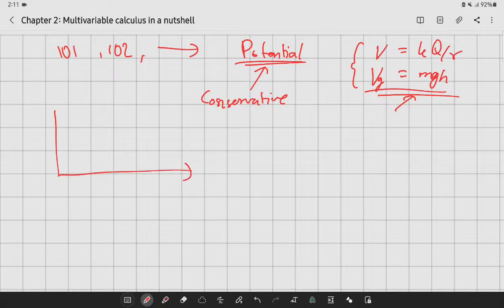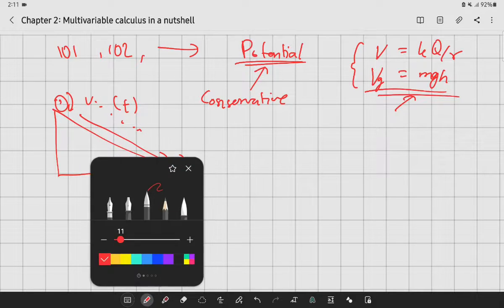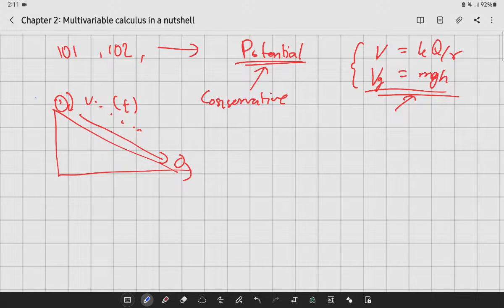Like, I have a ramp like this and a ball that is rolling like this and moving down. If I wanted to calculate every single detail, the velocity at each point in time, I need to go through Newton's laws and everything. It's really complicated. But if I have the potential, I can just do potential at A and potential at B. That will give me the total energy at a given instant of time.